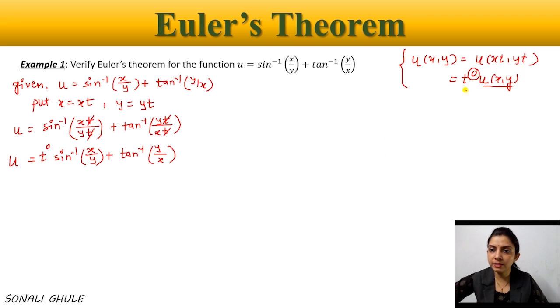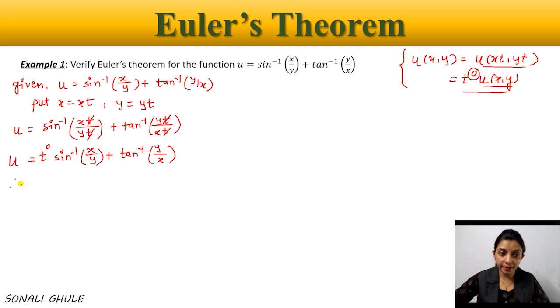That is a representation of a homogeneous function. Okay, so when you replace x by xt and y by yt, you must get your original function back with some term of t with a power. It may have a power. Okay, so here t raised to n is what here, 0.